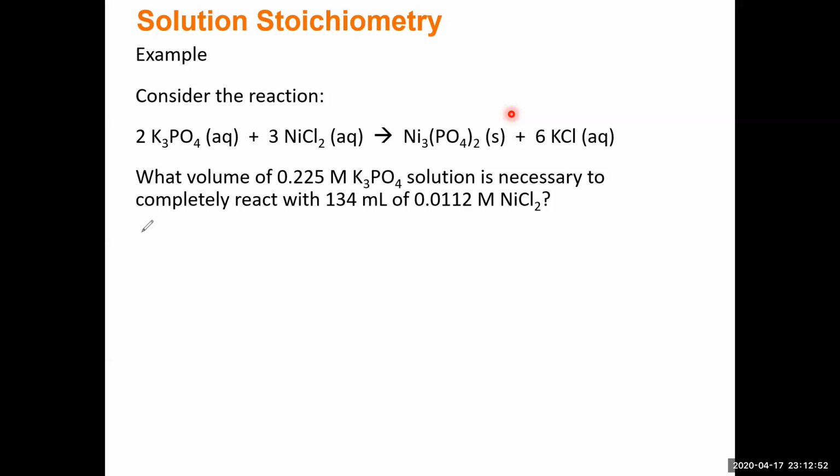I know that 134 milliliters is 0.134 liters. But again, you can also just do an extra calculation to determine that. So that is 0.134 liters of the NiCl2 solution.